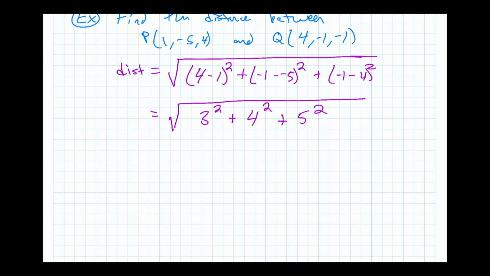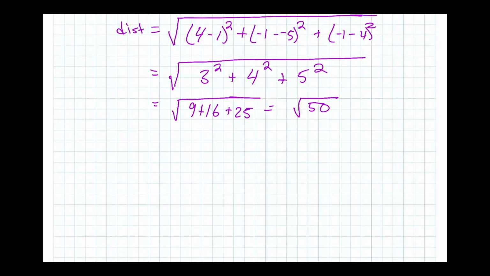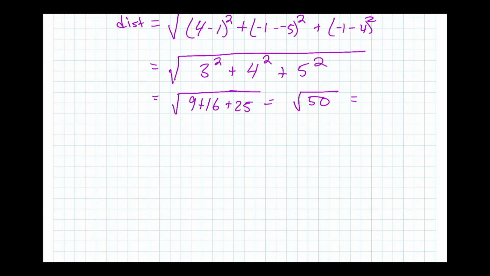So this is what we have. We have square root of 9 plus 16 plus 25, which is square root of 50. But square root of 50 is square root of 2 times 25. And I know that the square root of 25 is 5. So this is 5 square root 2, right?